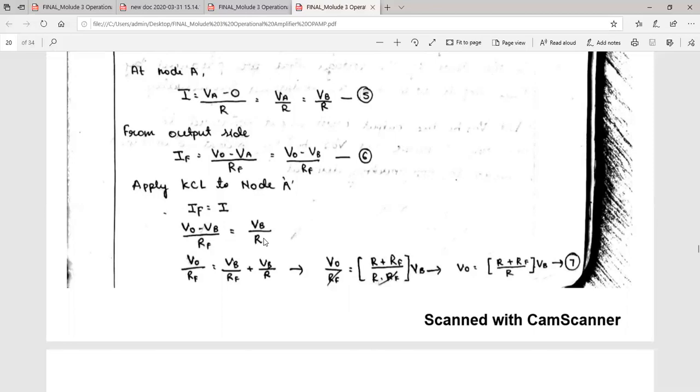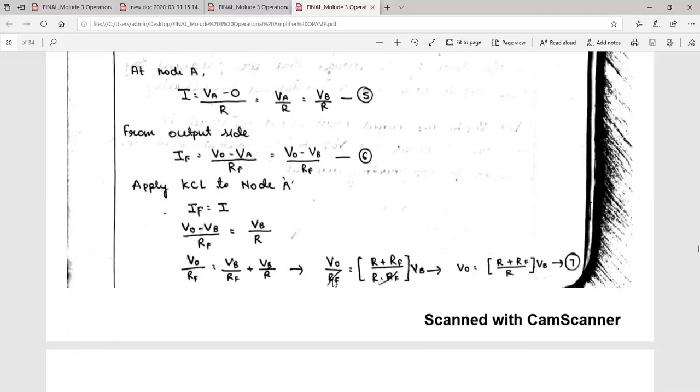Now, when you simplify by taking all the VB terms on the right hand side, V0 by RF is equivalent to VB by RF plus VB by R. Now, when you further simplify by taking the VB term common, we will get the expression V0 by RF is equivalent to R plus RF divided by R into RF.